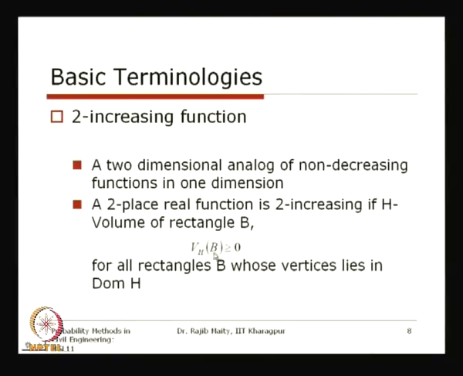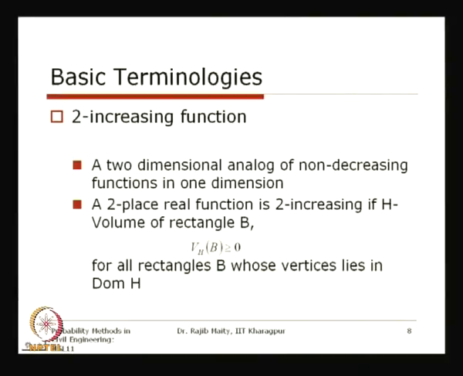This should be valid for all rectangles B whose vertices lie in the domain of H. We have seen that it should be the domain of the C, within this 0 to 1 and 0 to 1 bound, and in this domain we identify one rectangle, and the H volume should be greater than or equal to 0 to satisfy the condition that the function is 2-increasing.